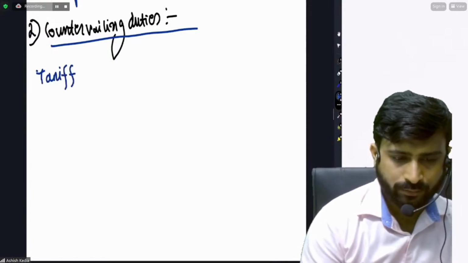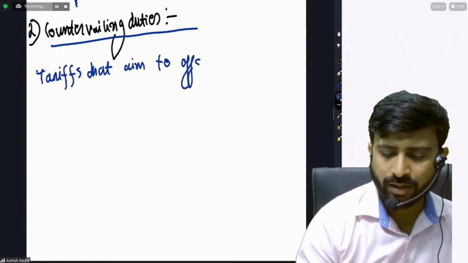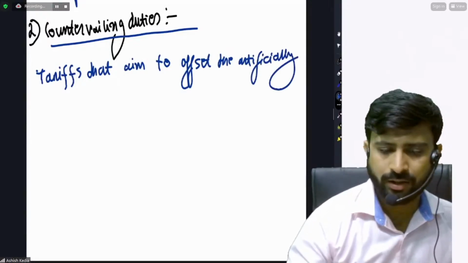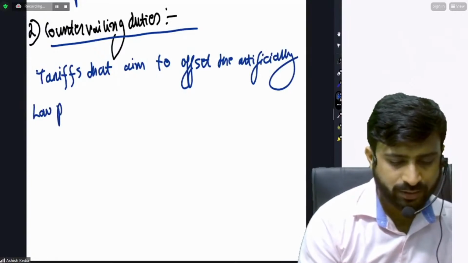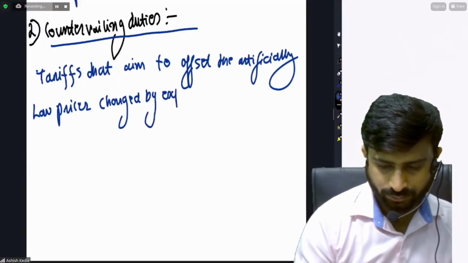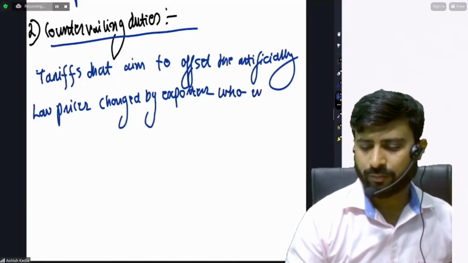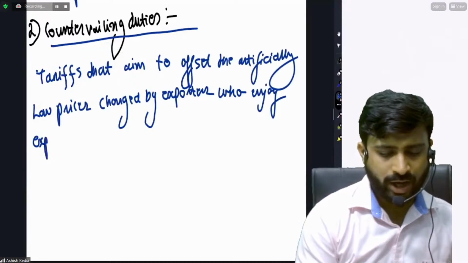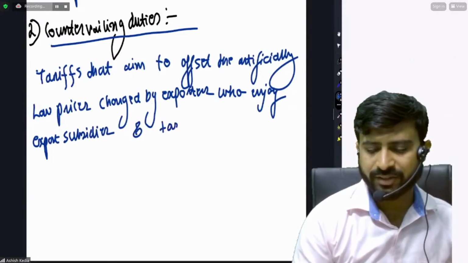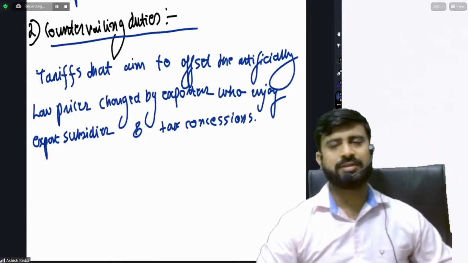Tariffs that aim to offset the artificially low prices charged by exporters who enjoy export subsidies and tax concessions.